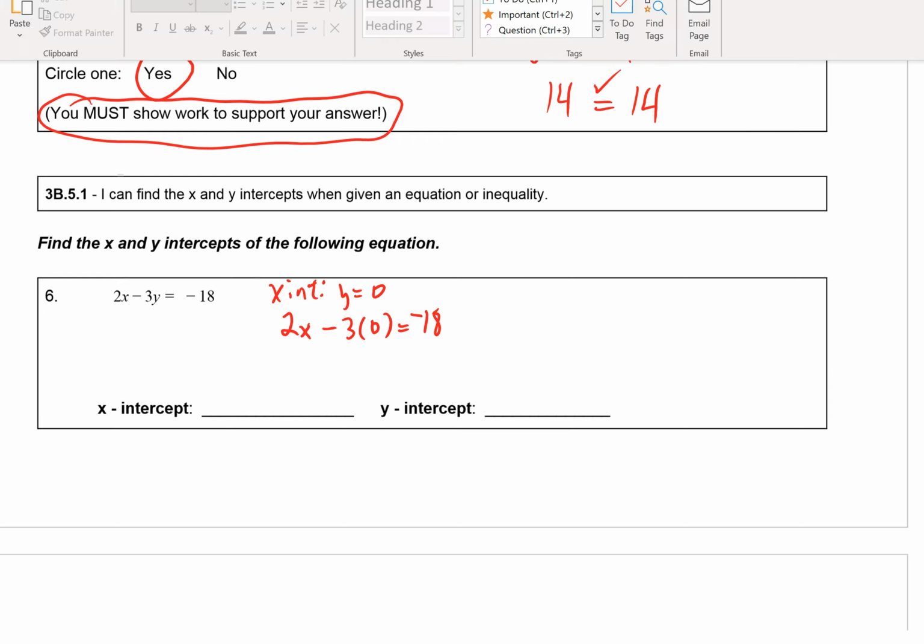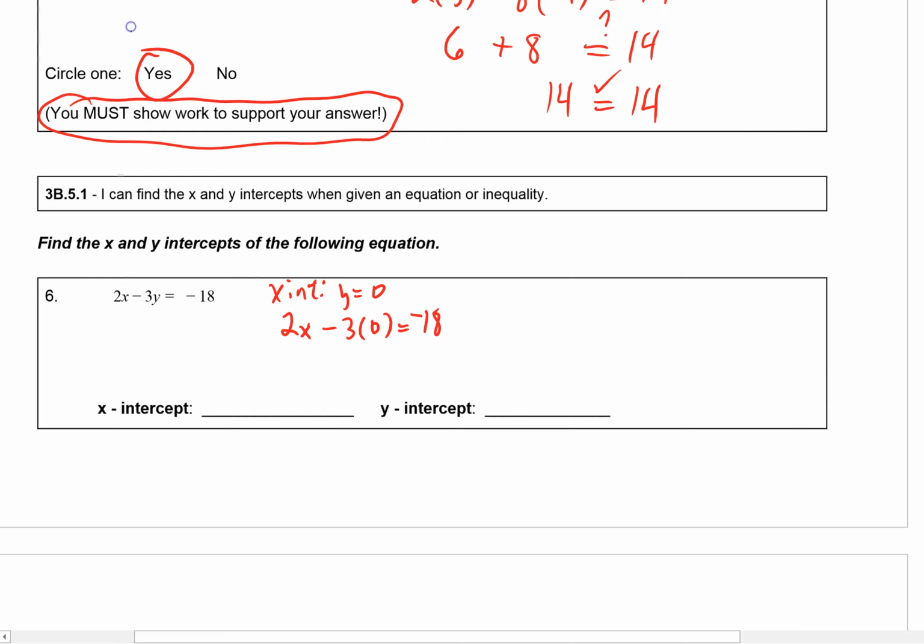And anything times 0 is 0. It wipes out. In fact, you might remember we had a video where we even called it the cover-up method to find an intercept. It's like you cover up the other variable because 0 will wipe it out, won't it? You'll have a 2x remaining here. Here's negative 18. When you divide by a 2, you'll get x equals negative 9.